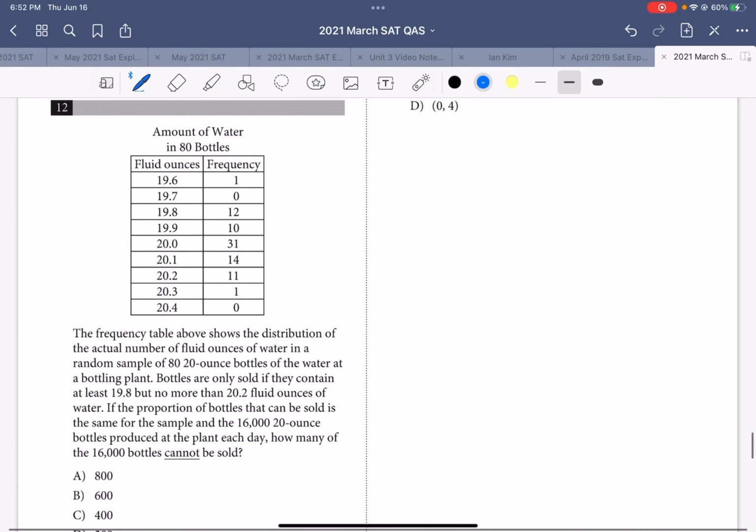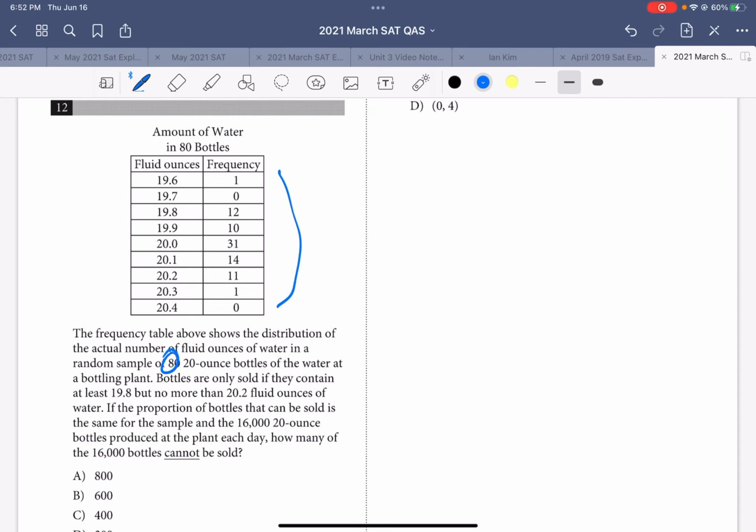Number 12. The frequency table shows the distribution of the actual number of fluid ounces of water in a random sample of 80. So that means 80 samples total. 20-ounce bottles of the water at a bottling plant.